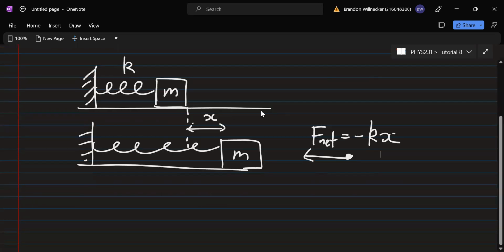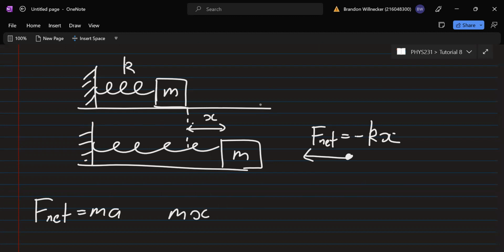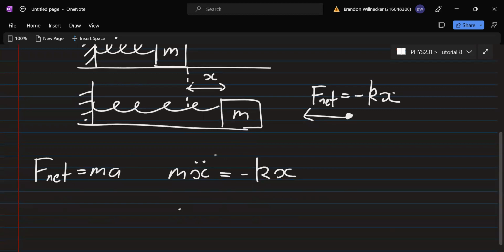Okay, so if that's the net force, then we can find the equations of motion using Newton's second law. F net is equal to ma. So we have m x double dot is equal to minus kx. Rearranging a bit, we get x double dot plus k over m x is equal to 0.